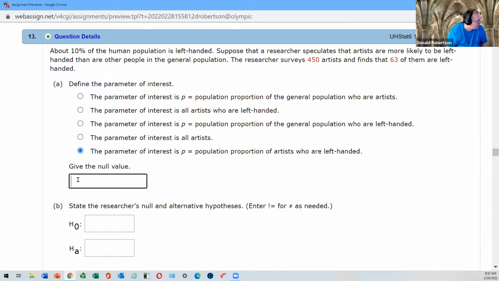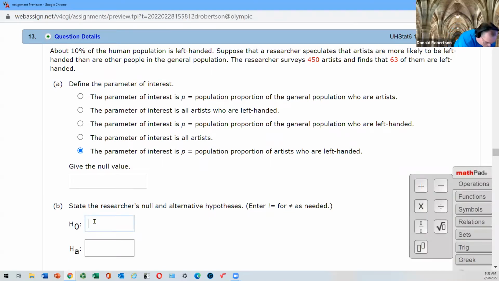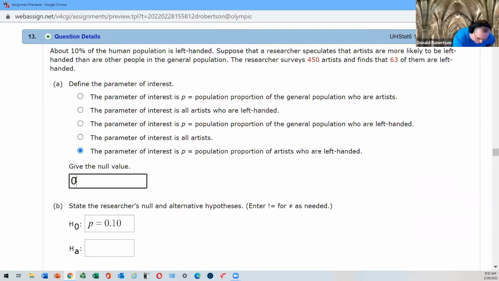Now, the null value that they're talking about here is, when nothing has changed, right? It's 10%, that's what the population is like. This number here is called the null value.